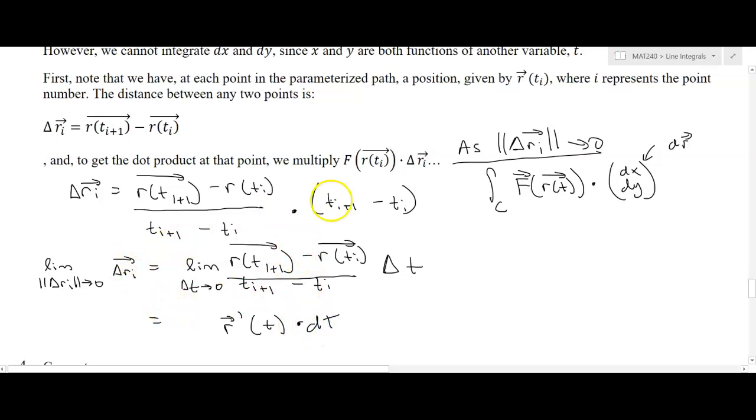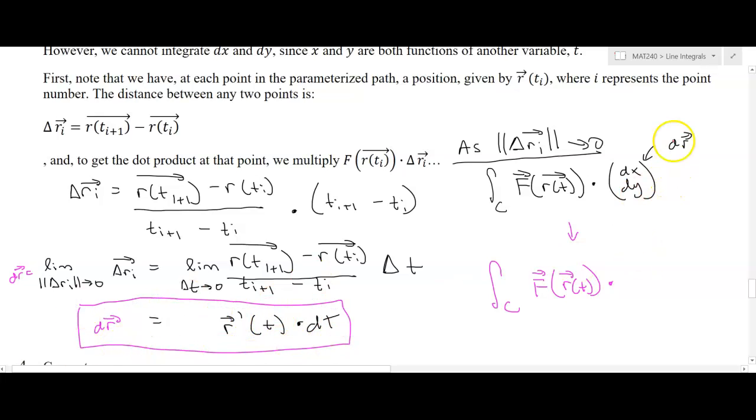So what we've just established is that as we make delta r_i really small, this integral becomes the integral over the curve of the vector field dotted with dr. What happens when delta r_i approaches 0 is it becomes dr. And we just found out that dr is equal to r prime of t times dt.